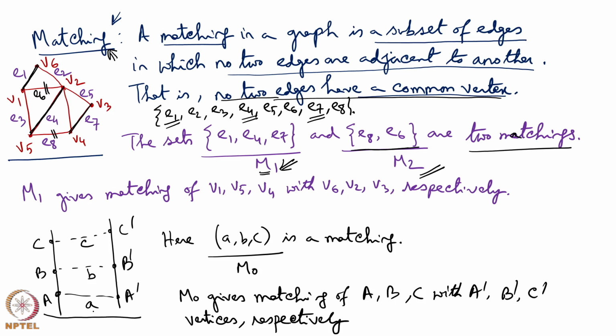We can see that the edges A, B and C is a matching. We can call this set M0 a matching. Why? Because A, B and C do not have common vertices. So, our stratigraphic correlation actually is a matching.